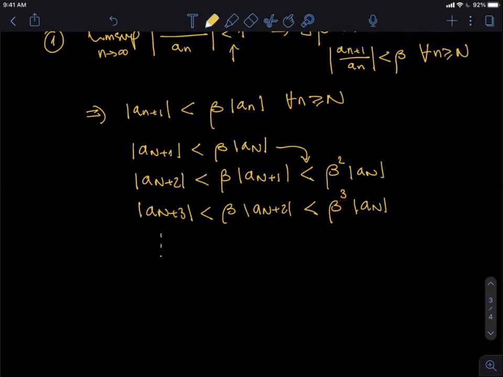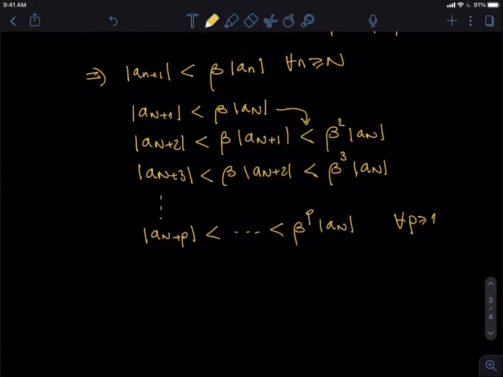So we have a_{N+p} less than, same argument, beta to the power p a_N, and this is for any p bigger or equal than 0, than 1 actually.